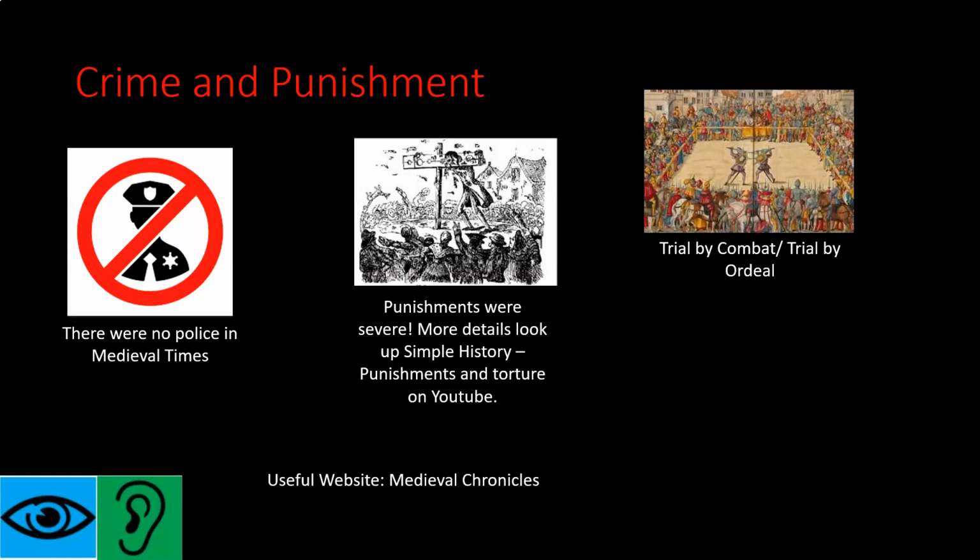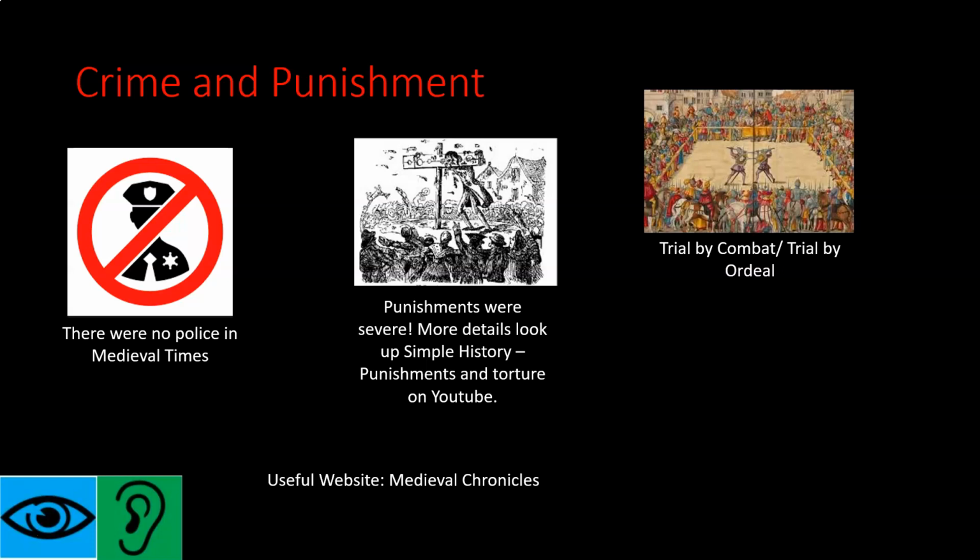In the less gory way, punishments are very, very severe. For people, say if you're convicted of murder, the punishment usually for this would be execution. So you could be hung, you could be executed in a variety of different ways, but execution is the general punishment for being found guilty of murder.